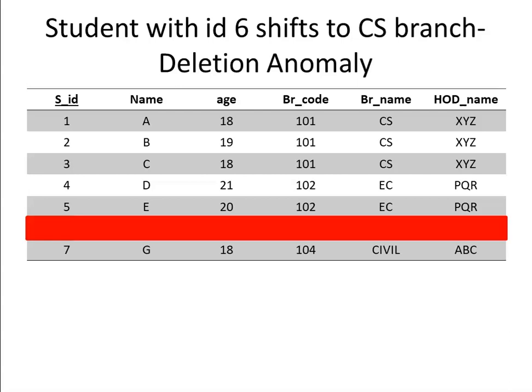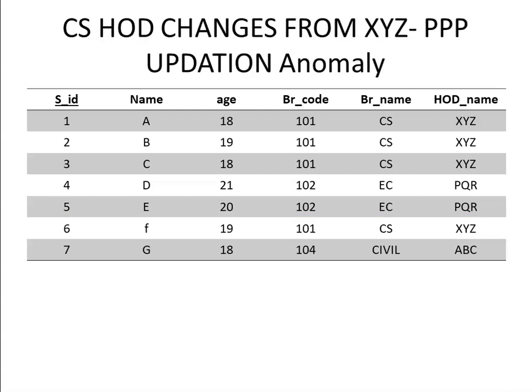The third type of problem is updation or modification anomaly. Let's say there's a new HOD for the computer science branch, wherein the name of the HOD is to be updated from XYZ to PPP. You can see that XYZ appears in many places in the table.